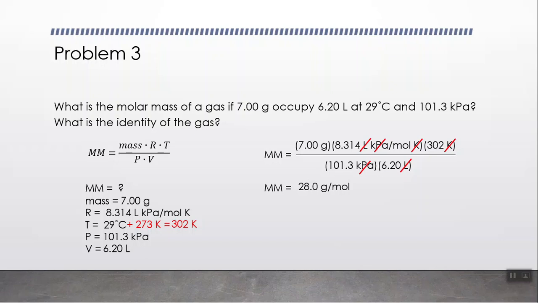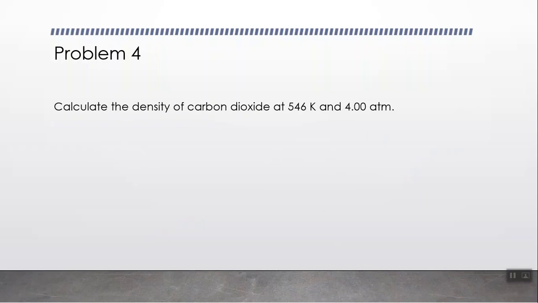So you have to think about your diatomic elements. For this, it's actually nitrogen, N2. One nitrogen is 14.01 grams per mole, N2 is 28 grams per mole. So that's the identity of the gas for this problem.